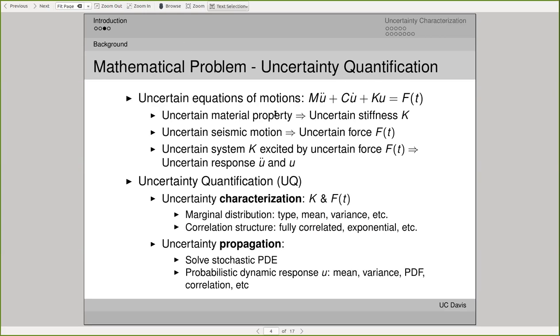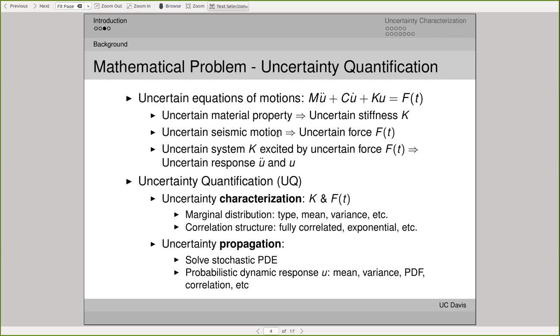So this is our general equation of motion. As I mentioned, you might have some uncertainties in your soil site or your building structure that will give you an uncertain stiffness term on your left-hand side. On the other hand, you might also have some uncertain earthquake source propagating through your uncertain path to your uncertain site that will give you uncertain seismic motion.